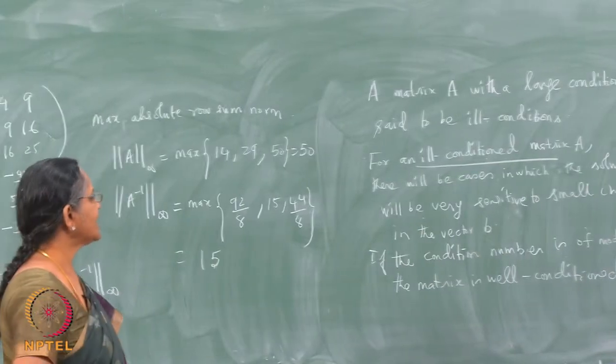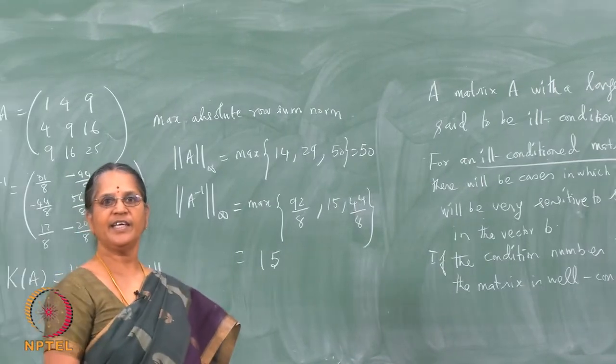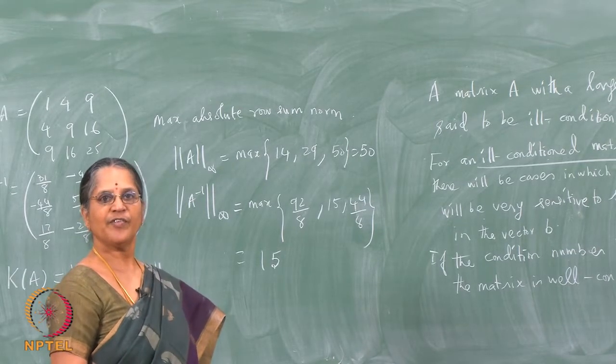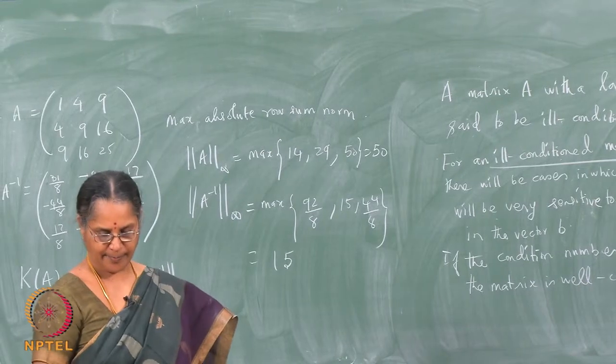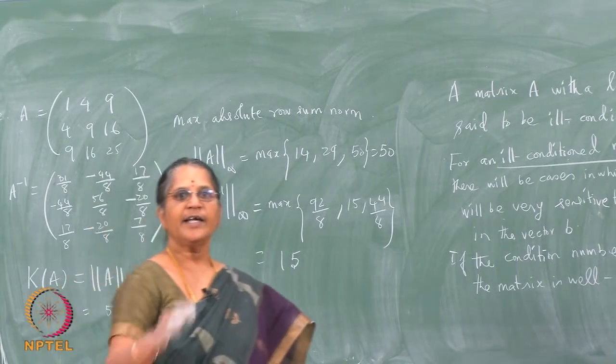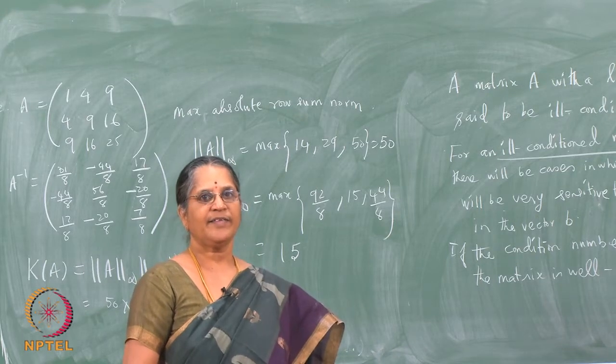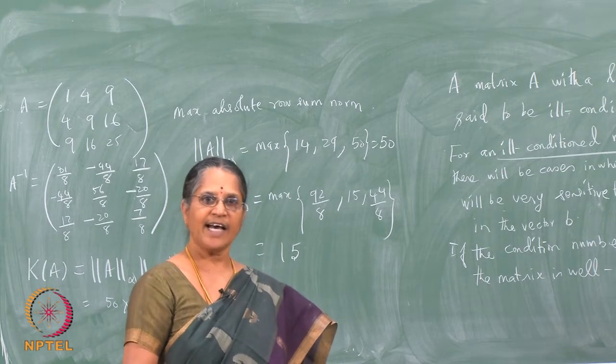The question now is, now that we have performed the error analysis, how are we going to make use of this information in improving the accuracy of the solution that we have obtained using direct methods?